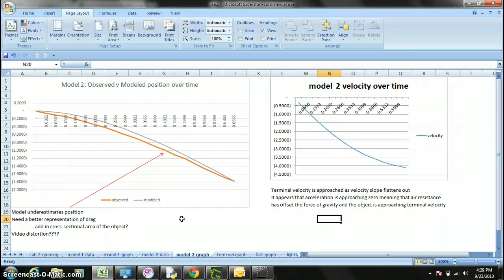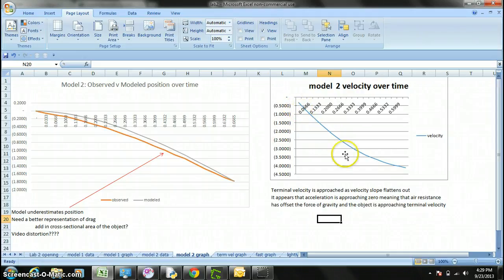There are several things that impact drag, but the two biggest ones are the speed of the object and the cross-sectional area of the object. So if I could estimate the cross-sectional area of that object and add it into my model for drag, I think I would have a better representation. I also feel there might be a little video distortion going on.